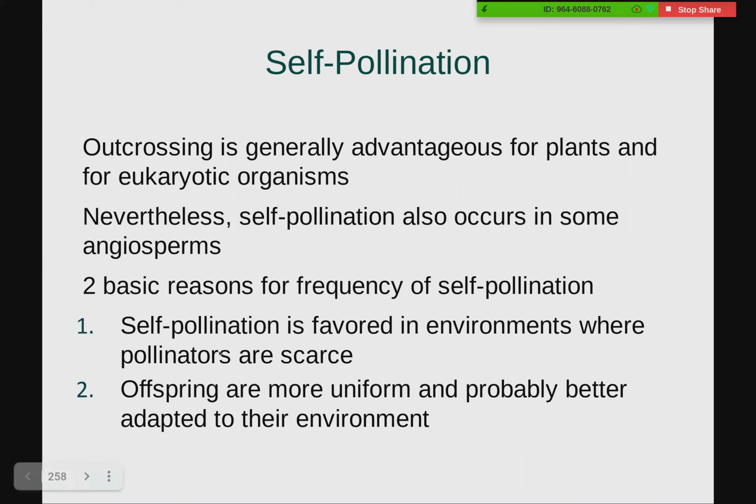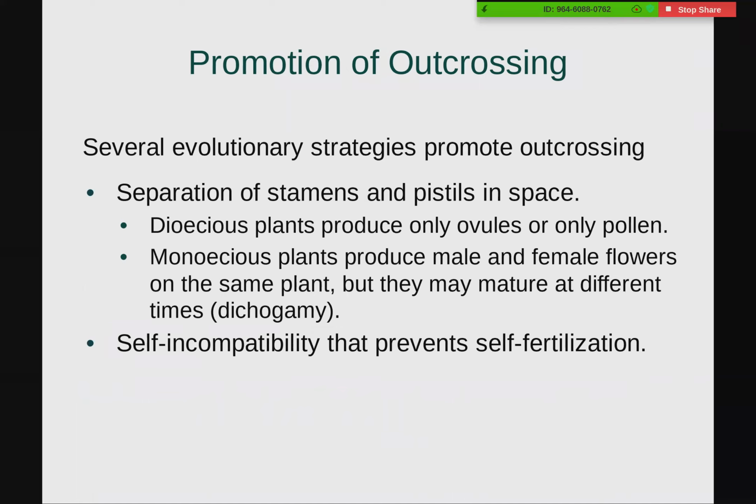The first is self-pollination is favored in environments where pollinators are scarce, deserts in particular, and the offspring are actually more uniform and probably better adapted to their environment if self-pollination occurs. So generally speaking, genetic diversity is good, but sometimes when you live in really harsh environments, low genetic diversity is a good thing.